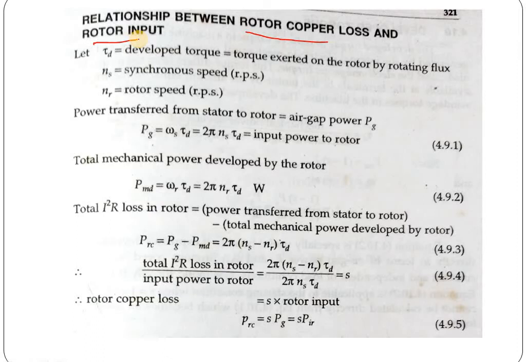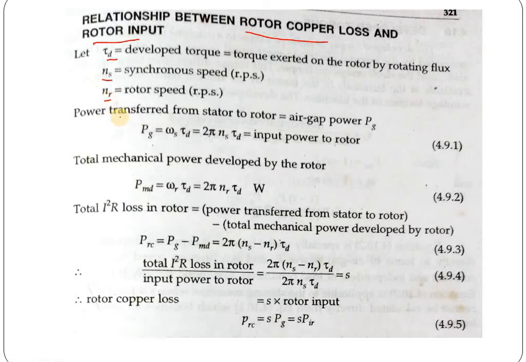For this mathematical relationship between rotor copper loss and rotor input and output, let us consider the developed torque as tau d, the torque exerted on the rotor by the rotating flux. Next is Ns, the synchronous speed, and another is Nr, the rotor speed.